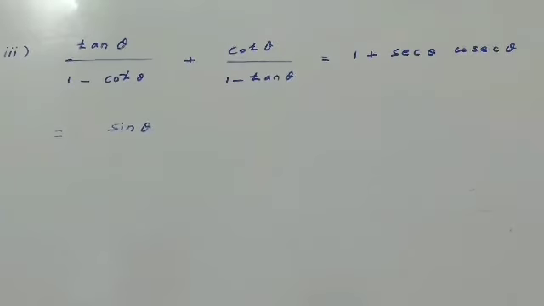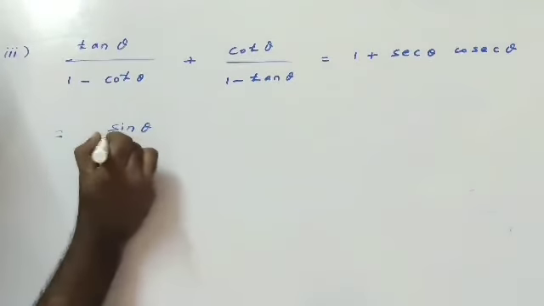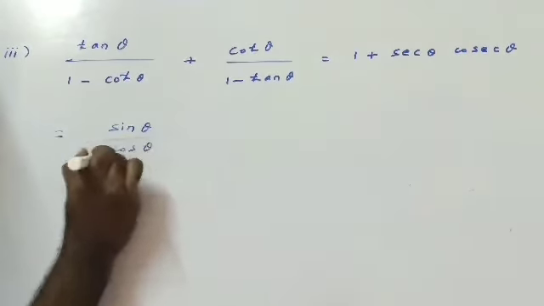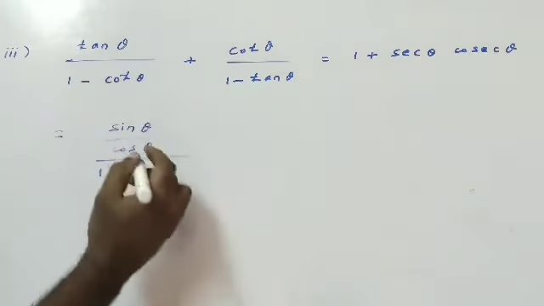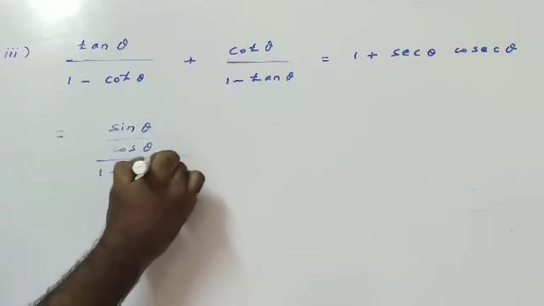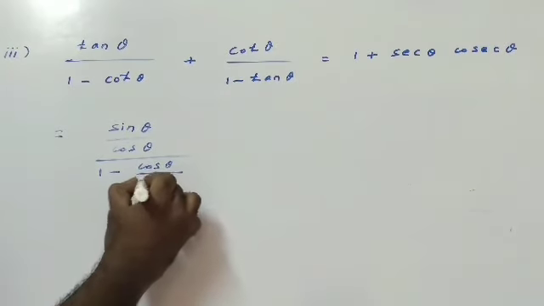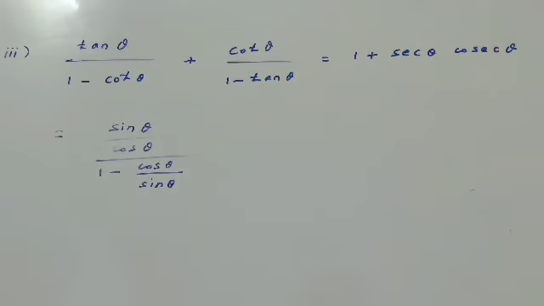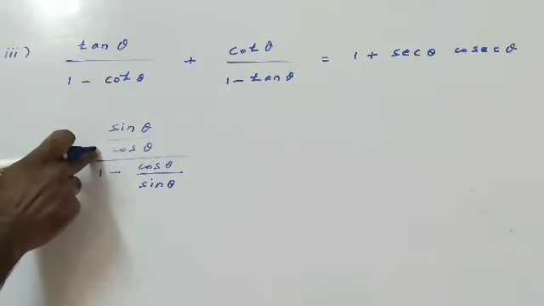Now subdivision 3 in question number 5. For tan theta we can write sin theta by cos theta, divided by 1 minus. For cot theta we can write cos theta by sin theta. Cot theta is the reciprocal value of tan theta. For tan theta we know the value sin theta by cos theta.